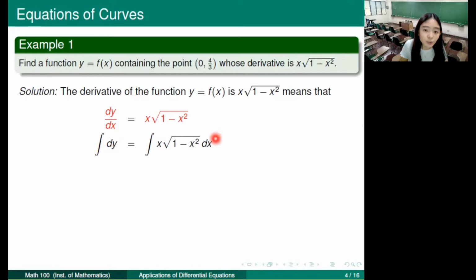Yung dy at yung dx, it reminds you, by the way, to which variable nyo i-integrate yung kada side. So itong nasa left natin, dahil naka-dy, we will be integrating with respect to y. So ang integral ng dy therefore, simple lamang ay y. So y itong nasa left natin. Meanwhile, itong nasa right natin, i-integrate natin siya with respect to x this time.